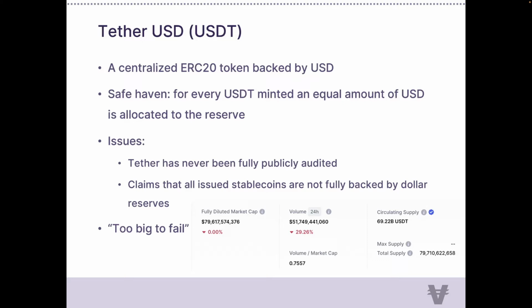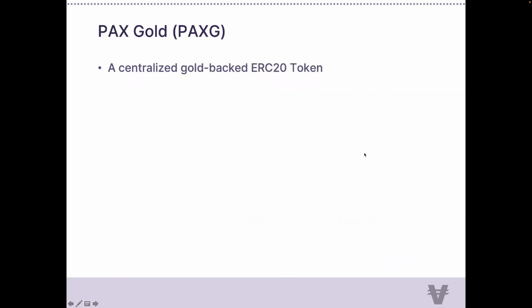But there will always be a bit of fluctuation, especially when the market is insecure and the bear market starts to hit. Those fluctuations might happen, but the short answer is the changes in demand, and people selling or buying USDT. So on to the next stablecoin.